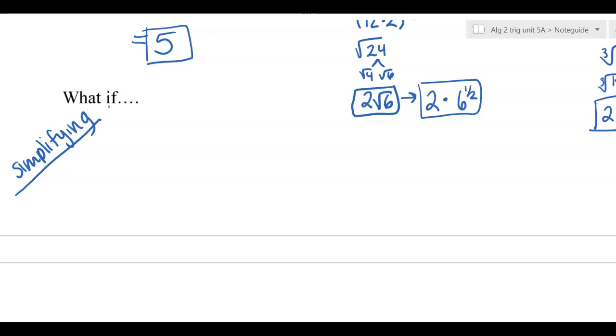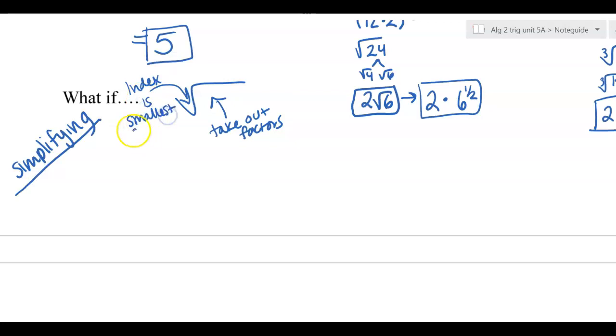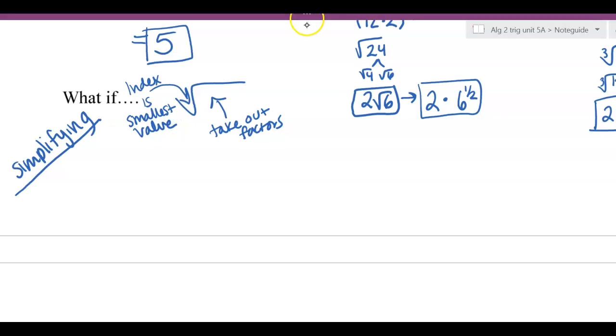So when you simplify a radical, yes, you want to take out as many factors as possible. But there's also another aspect that we've never really thought of, and that is we want to write it in a way that the index is the smallest possible value. Okay. So I'll show you guys what I mean by that.